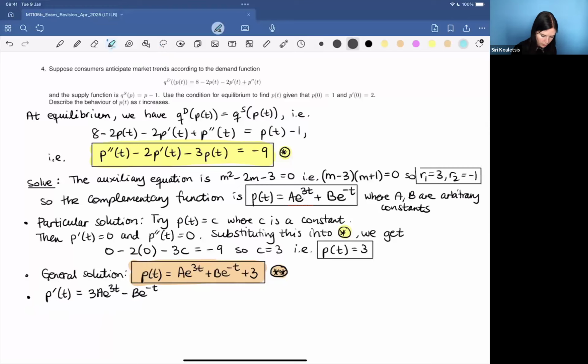Let's give that a color as well, just so that it's clear. That will be our 3-star equation. And now we see that using P of 0 equals 1 in the general solution gives the following equation.